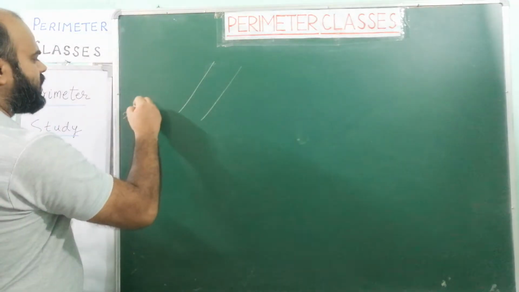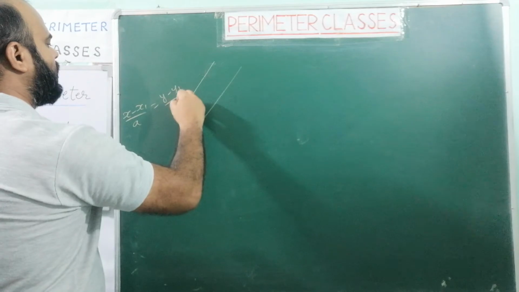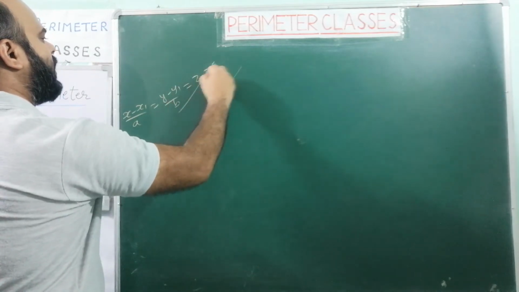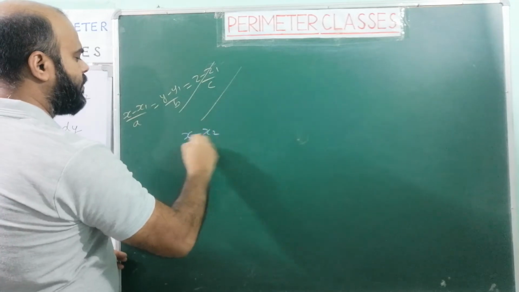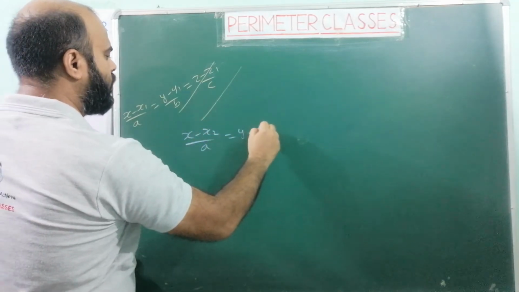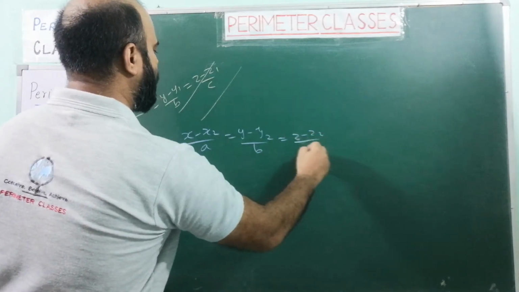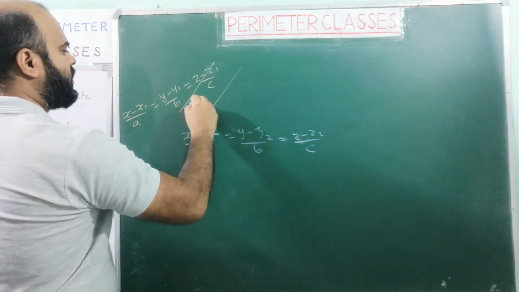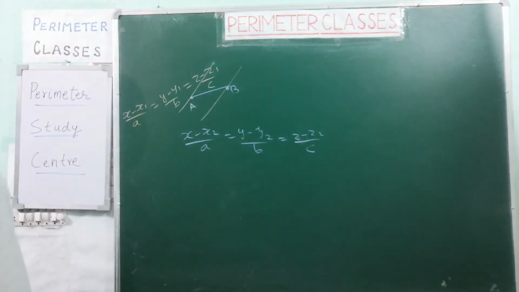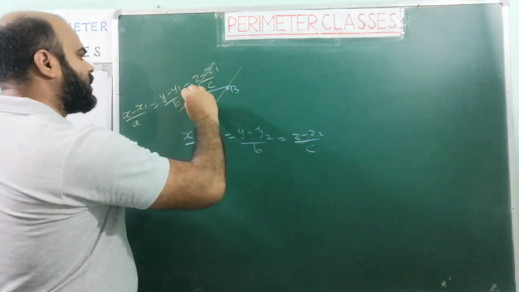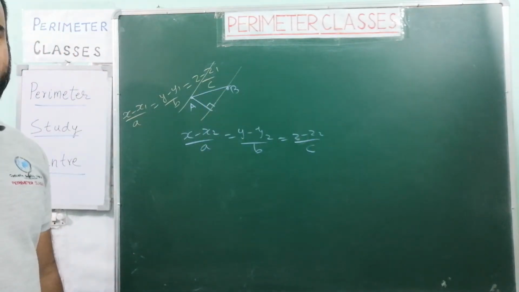So this line is x minus x1 by A, y minus y1 by B, z minus z1 by C. Another line is x minus x2 by A, y minus y2 by B is equal to z minus z2 by C. So there are 2 points, one is A here, another is B here, and let us join them. So the distance here, this one, is what we have to obtain.